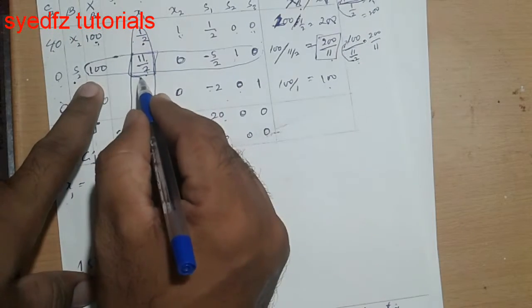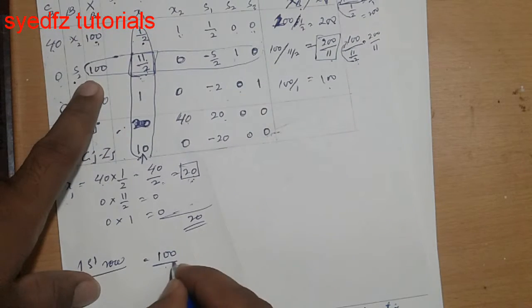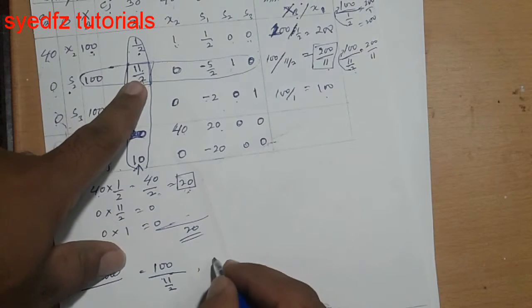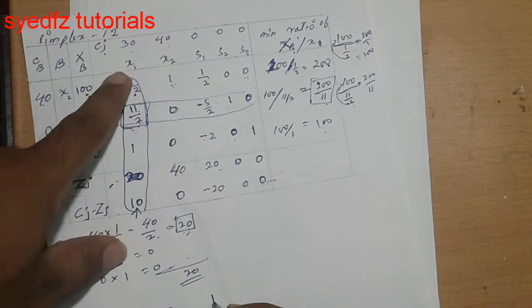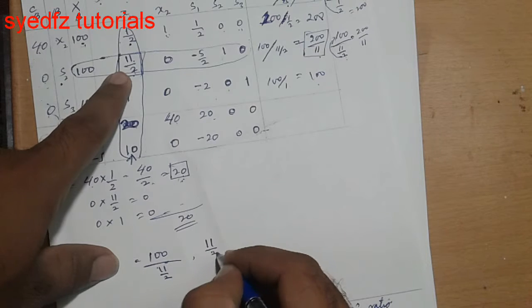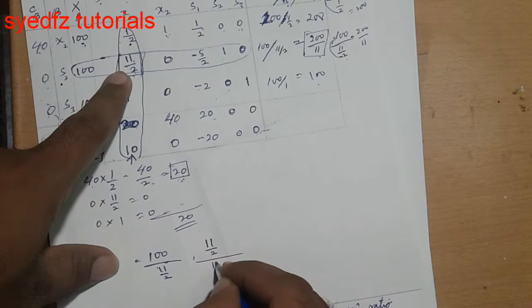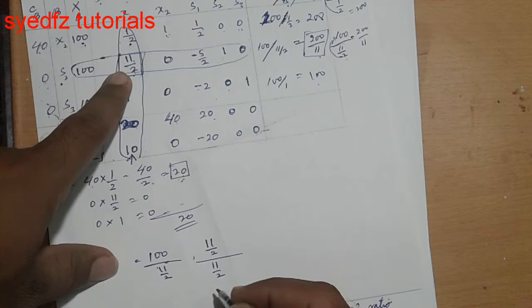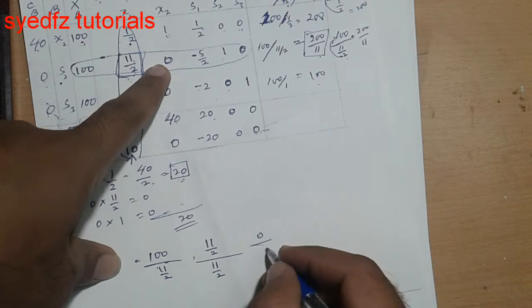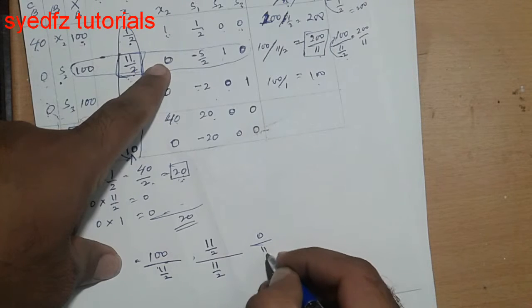11 divided by 2 is the key element. Same as x1: 11 divided by 2, whole divided by 11 divided by 2. This is a 0 for s1, s1 divided by 11 divided by 2.